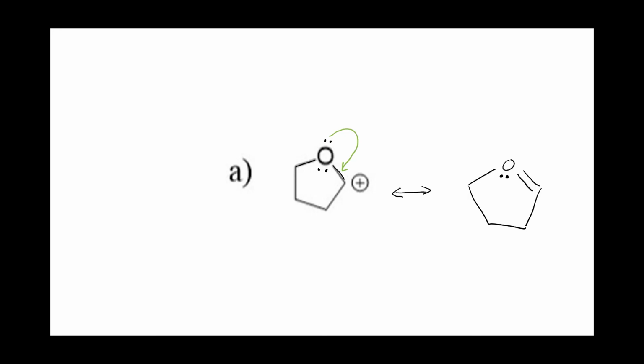Then we'll have to reaccount for our formal charges. So for this top oxygen, it starts out with 6 valence electrons, and it has 1, 2, 3, 4, 5. 6 minus 5 gives it a positive 1 formal charge. And then for this carbon, if it had a positive charge before, it probably just had 3 bonds.